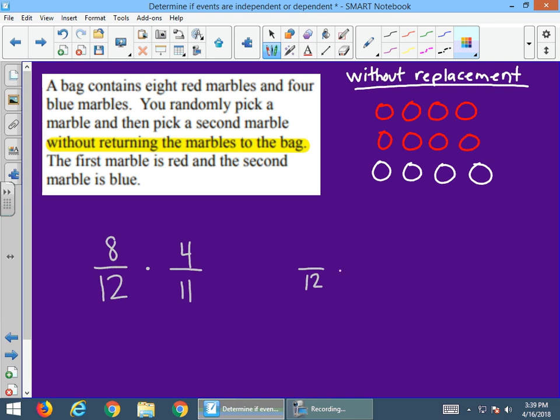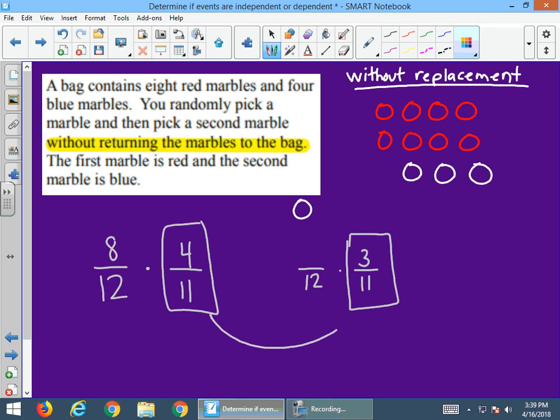My second draw is still going to be out of 11, but if I draw a blue one first, the probability of drawing a blue one second would now be 3 out of 11. You can see these two probabilities are not equal. It changes. So that second draw depends on what happens in my first draw. If I draw a red one, then my probability would be 4 out of 11.